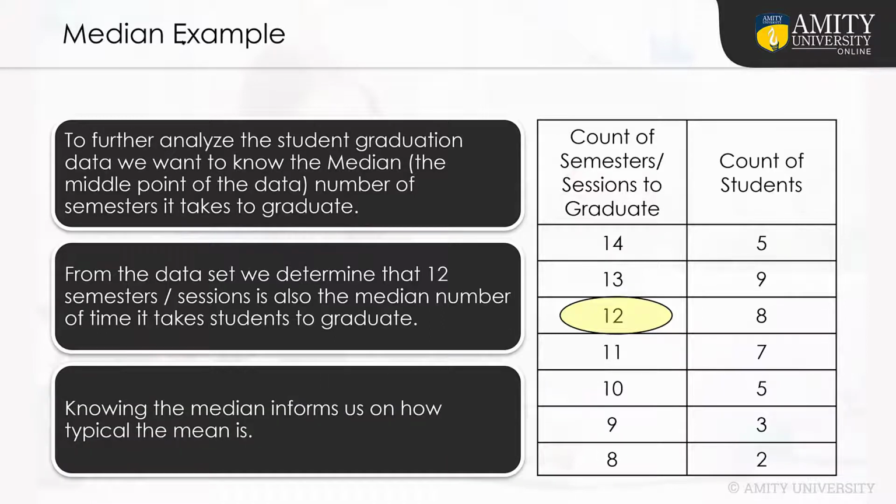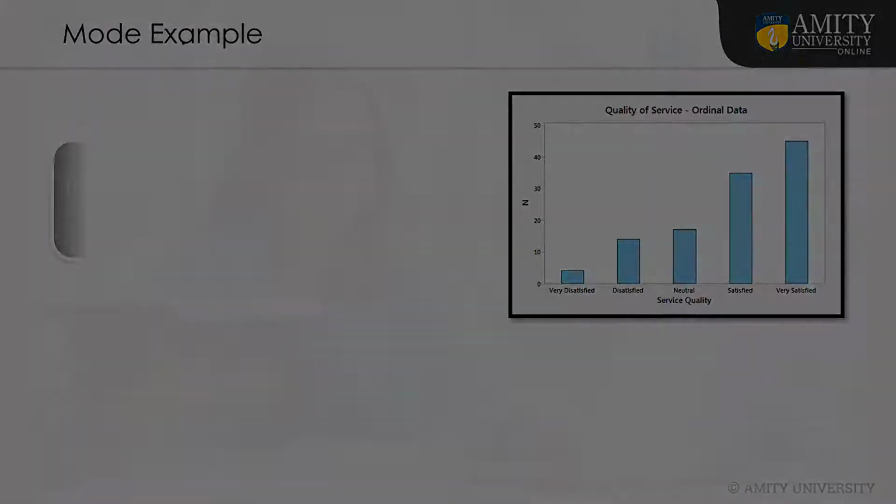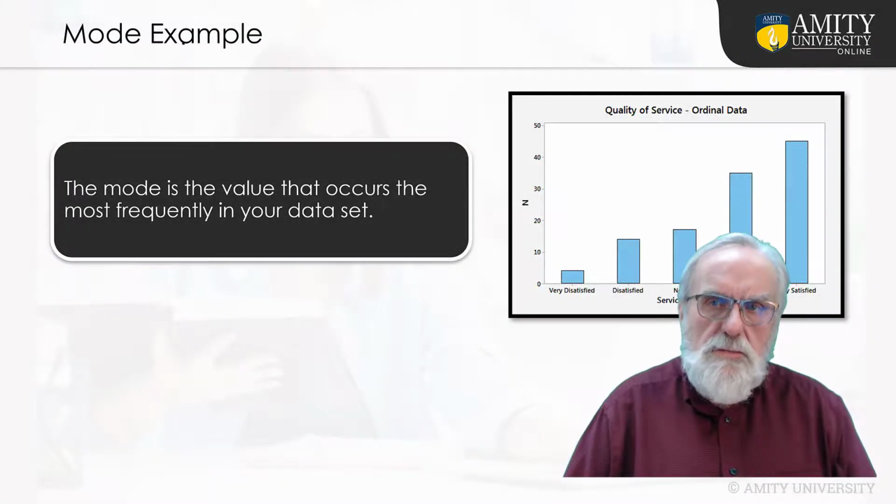Knowing the median informs us on how typical the mean is. Since the mean and the median both equal 12, we know we have a symmetric distribution and that the mean is a good representation of the typical length of time it takes to complete the BBA in Business program.